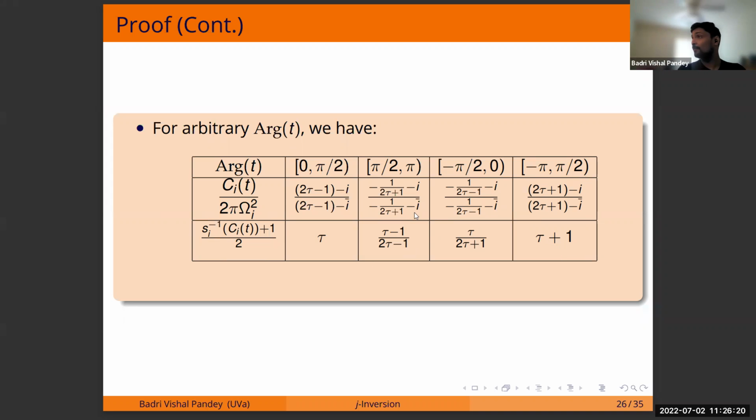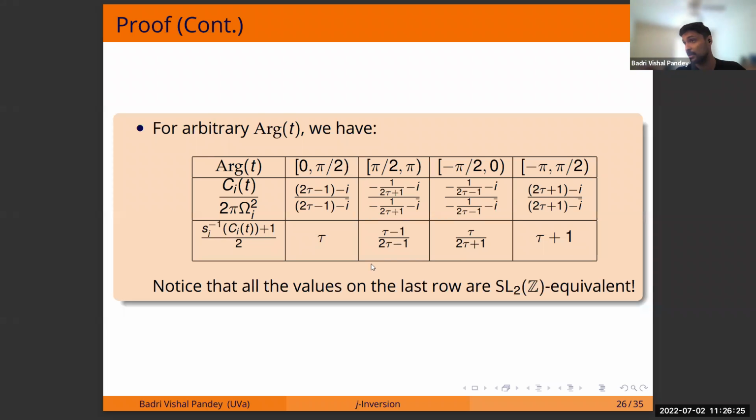And luckily, what we have is the following. Each of these are actually SL2Z equivalent, which means that j of any of these are going to be the same. So what I'm trying to say is that the boundaries have the same values, so we can patch them together.